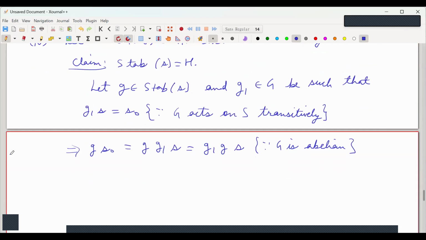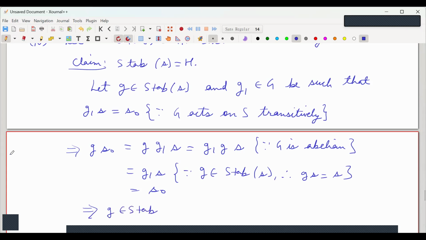And g of s is again s because g belongs to the stabilizer of s. Therefore g1 of g of s is g1 of s, which is S naught. So g also stabilizes S naught, which implies g belongs to the stabilizer of S naught, which is H.